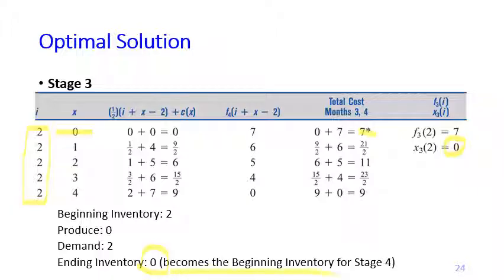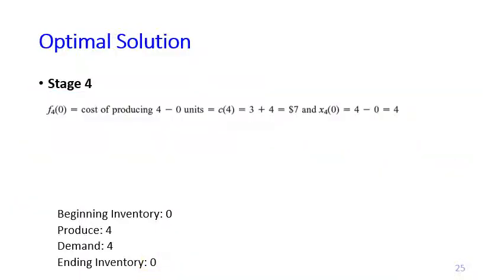And so 0 becomes the beginning inventory for stage 4. You go to stage 4 and look at the one with the state 0, which means the beginning inventory is 0, and the only possible decision for this is producing 4 units because the demand for month 4 equals 4, so we'll end up with 0 inventory.